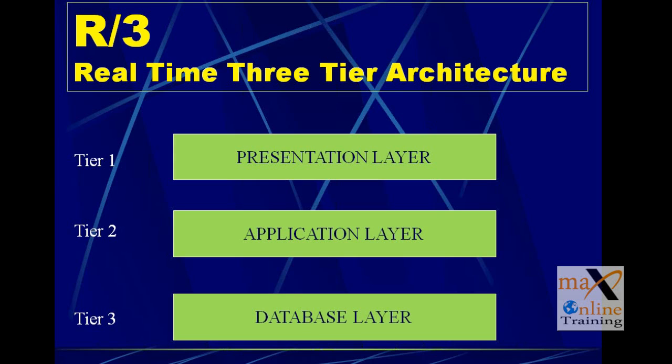So this R2, R3 presentation, replication database will be maintained by your administrator, or else taken care of by your technical consultants. But as you are working as a functional consultant, you must have some minimum knowledge on this. What do you mean by R2 and what do you mean by R3? Some basic idea should be there for each and every person. Okay.